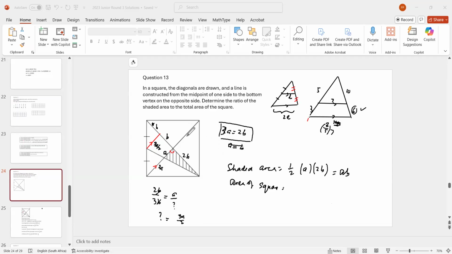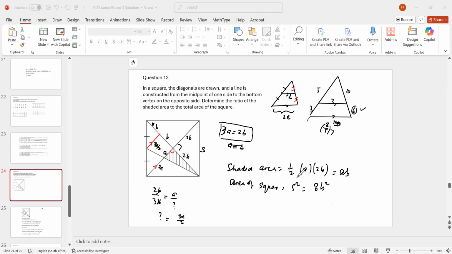So this is 2B. All these lengths are the same. So the area of the square is this side squared, S squared, but by Pythagoras, S squared is 2B squared plus 2B squared, which is 8B squared.